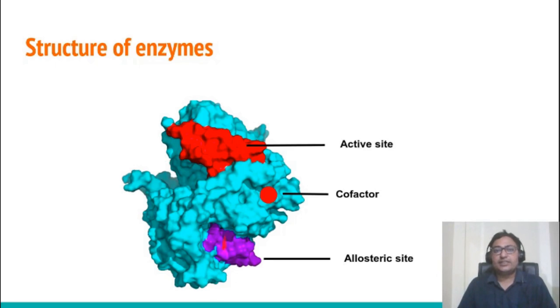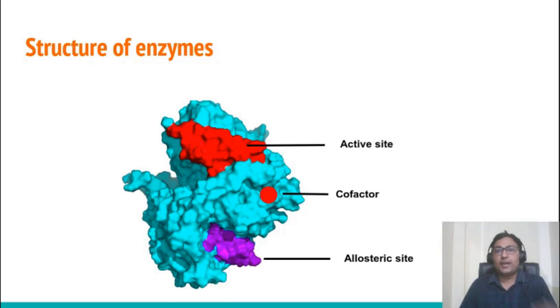Other sites include allosteric regulatory sites. Allosteric or regulatory sites are sites which do not directly interact with the substrate, but they interact with different compounds, and because of this interaction, the activity or catalytic power of the enzyme is greatly affected.